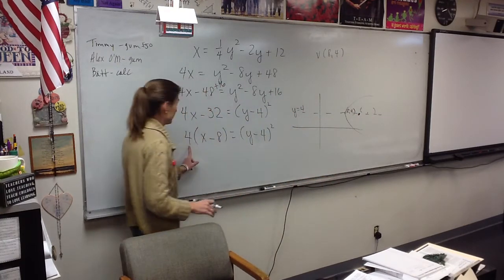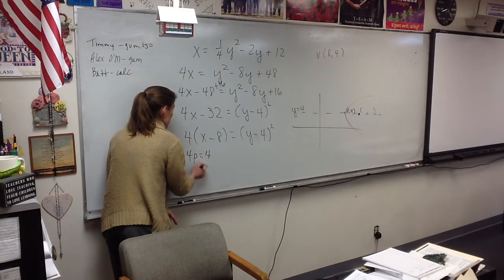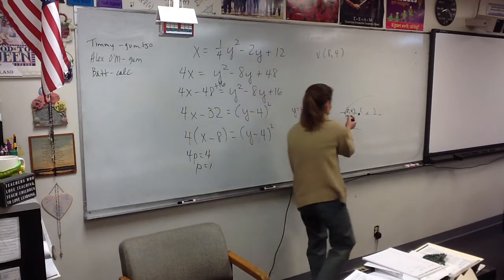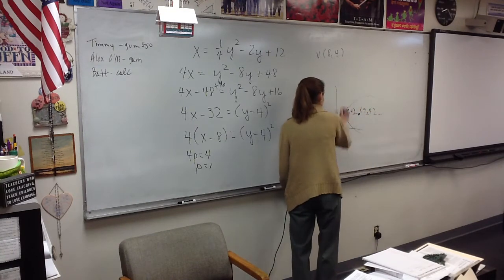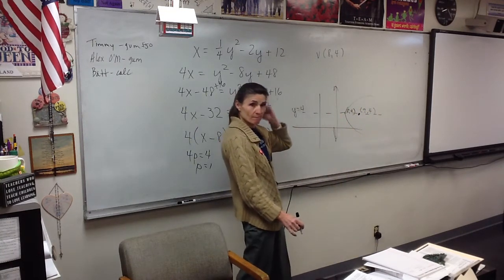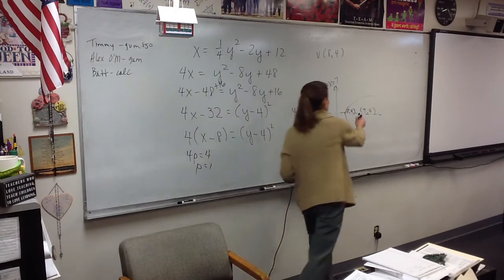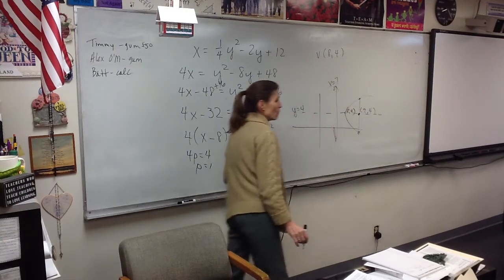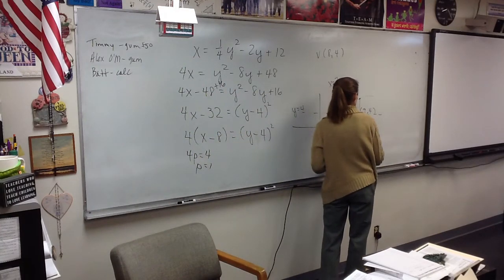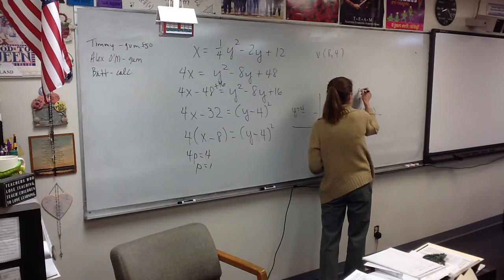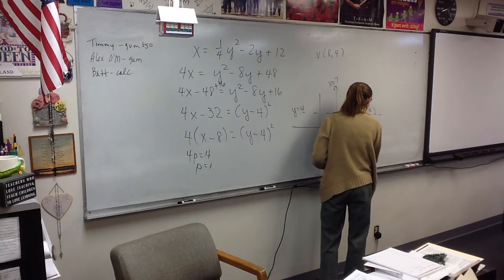That it is 2, 1. The P is 1. Right, and if the P is 1, Mr. Stark, that means that the focus is 1 unit away from the vertex. It's 9, 4. Good. And similarly, the directrix is 1 unit backwards, the other way, so it is x equals 7. Good. Woohoo. How long is my latus rectum top to bottom? 4. That means I will go up and down 2. So this point would be 9, 6, and 9, 2.